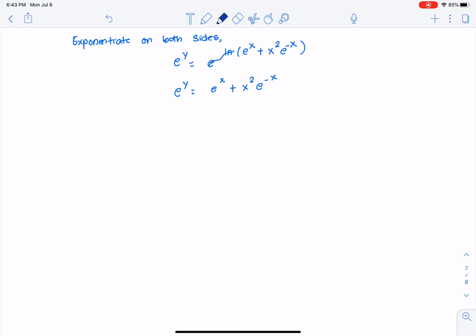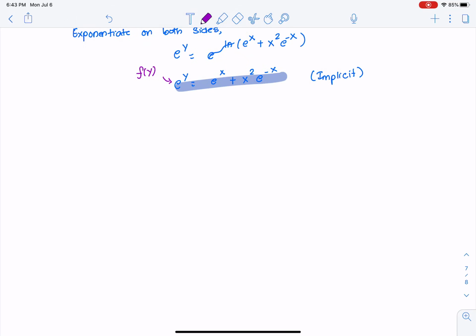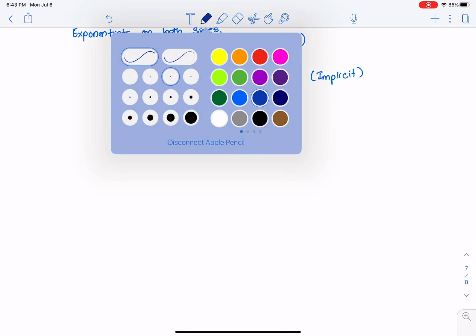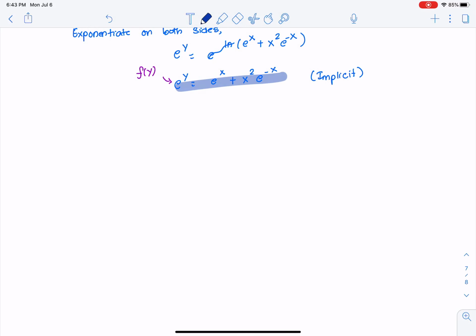Now that becomes an implicit equation, because we have a function of y. To find the first derivative, I have to take the derivative implicitly, treat that y like x. We have e raised y multiplied by the derivative of that. We get y prime. Have to take the derivative on both sides.